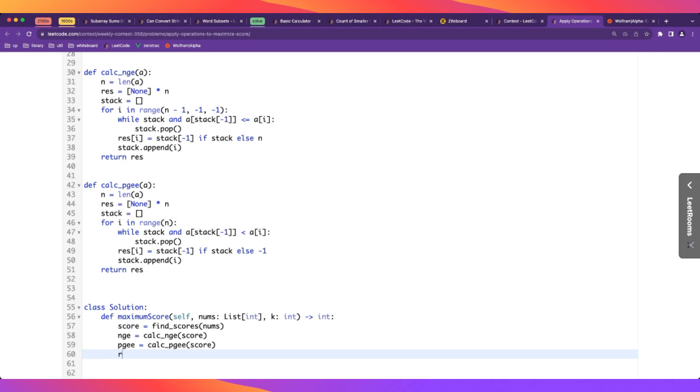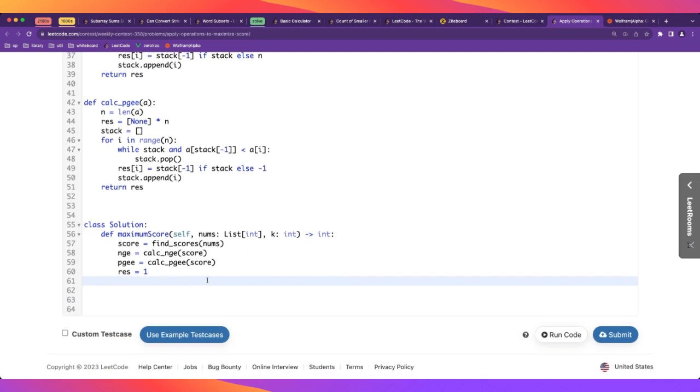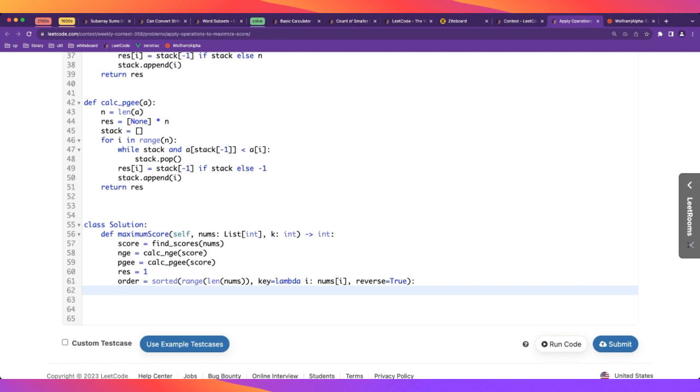Then this is going to be a product, so the initial value is going to be 1, and like we said, we want to go over this from largest to smallest, and there's a trick I usually use, which is to sort a list of indices using as the comparison key nums of i, from greatest to smallest, and this is going to give us the order that maximizes the product.